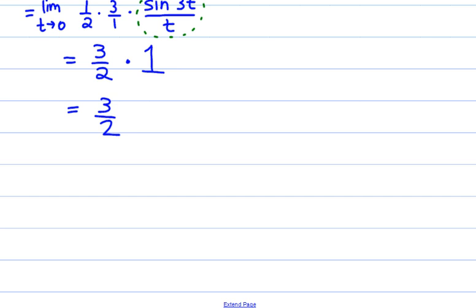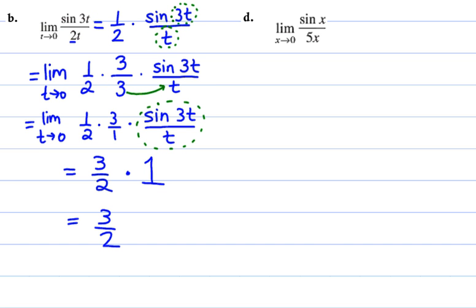D. The limit as x approaches 0 of sine of x over 5x. Now this one is different because the top is okay, but the bottom is what has this extra number that's inconvenient. But because it's in the bottom, it's actually easier.